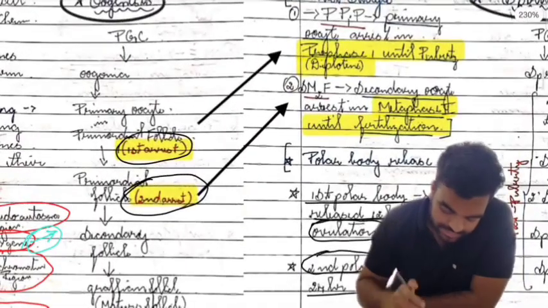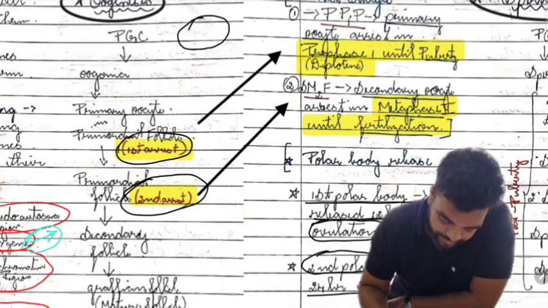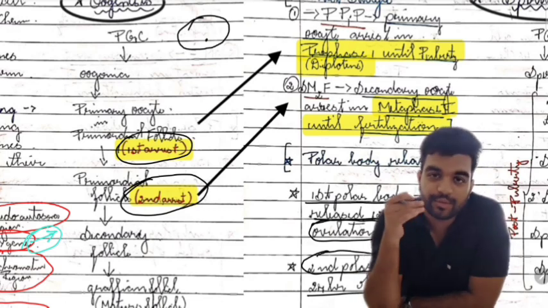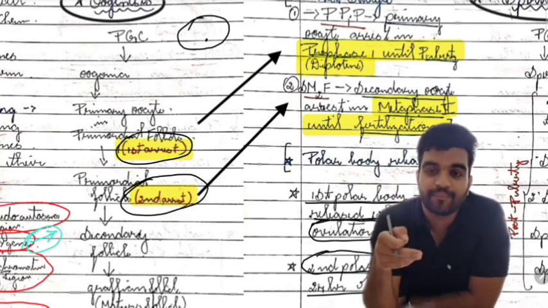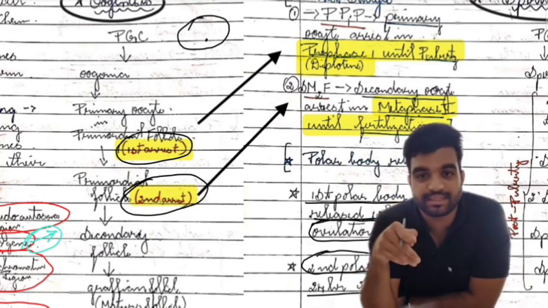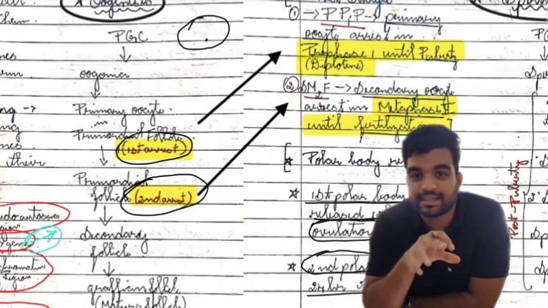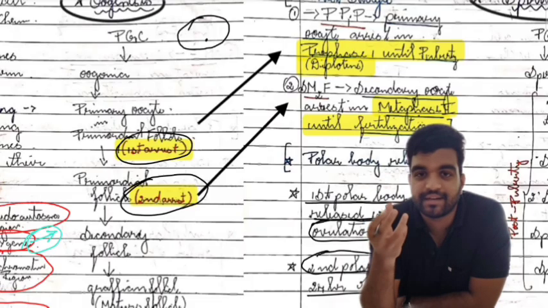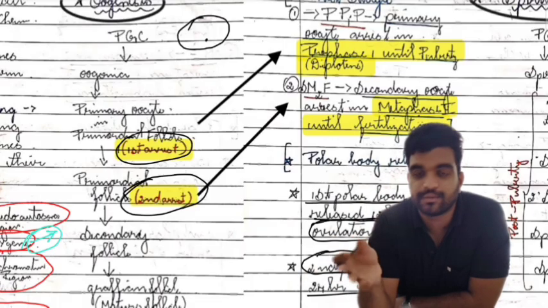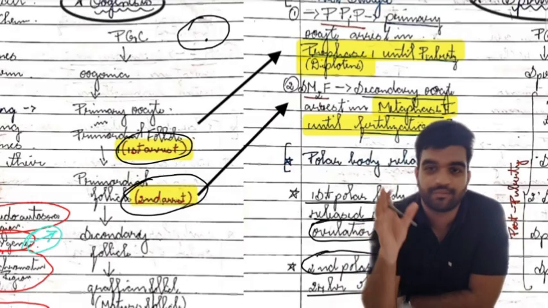Oogenesis occurs in the female ovary. The progenitor cells form the oogonia, then the primary oocyte, then finally the secondary oocyte, which goes on to form the egg, undergoes fertilization and forms the zygote.